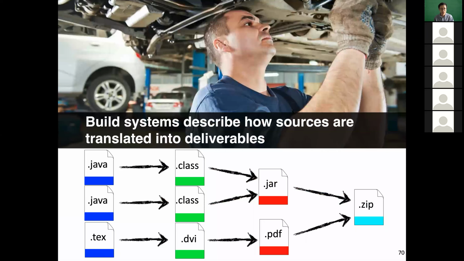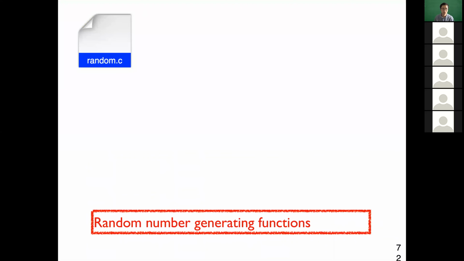So how does it work, right? Actually, the build system describes how sources are translated into deliverables. For example, we have source code in Java or other files like .txt. Then we compile them and link them together into a package. Let's look at the details. First, we have the source code.